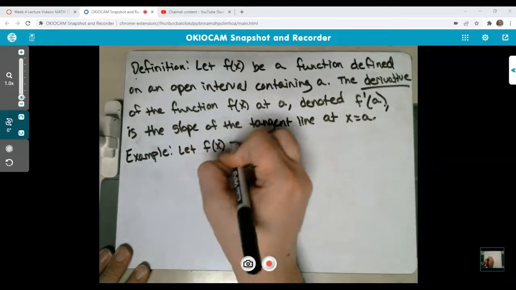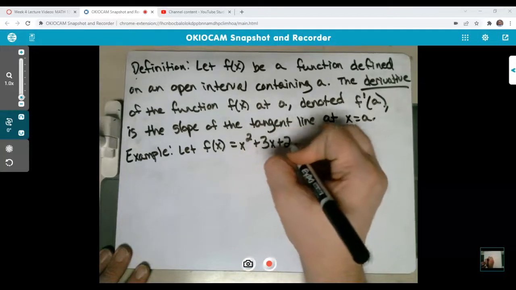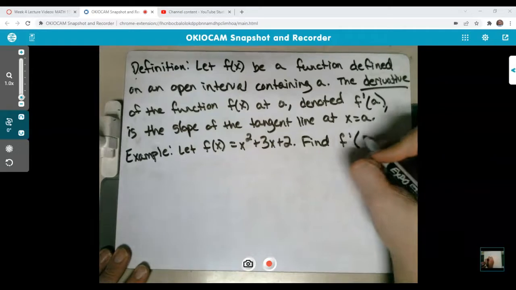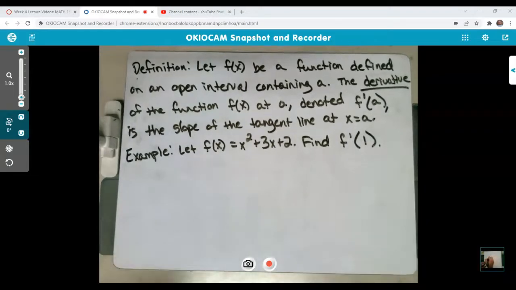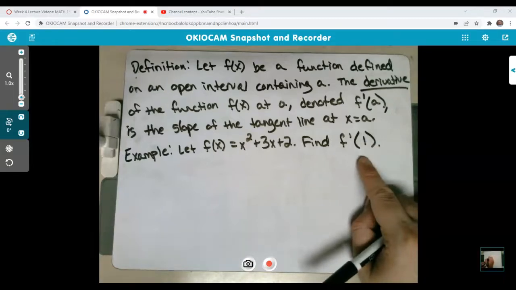Let's let f of x be equal to x squared plus 3x plus 2. And I'm going to say find f prime of 1. So what this means is I want the slope of the tangent line at x equals 1. That's what this means.